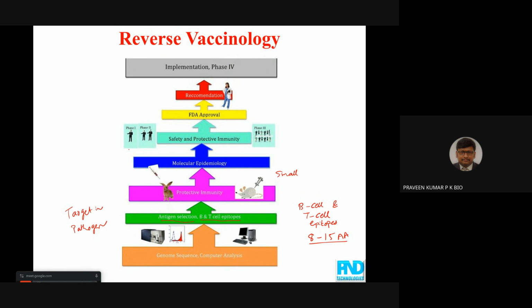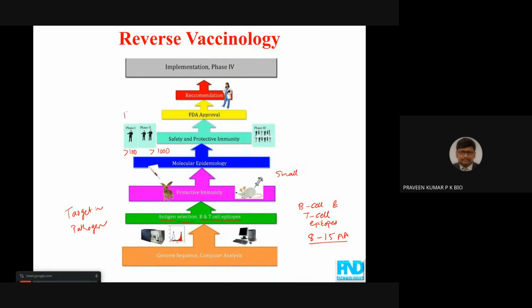Phase 1 involves healthy volunteers of a small population, meaning we test the efficacy of the peptide with fewer than 100 healthy volunteers. If you try with around 1,000 healthy volunteers, that's what we call phase 2.